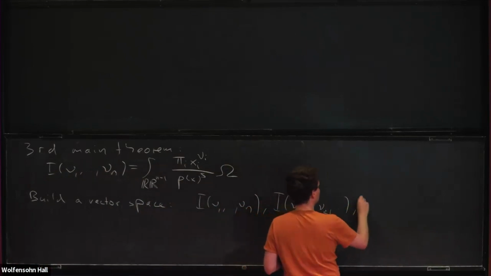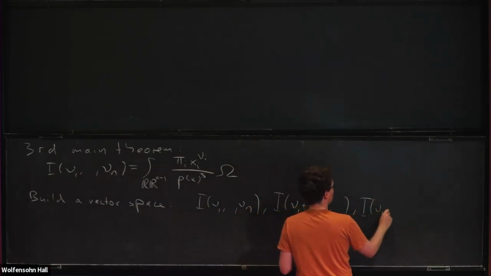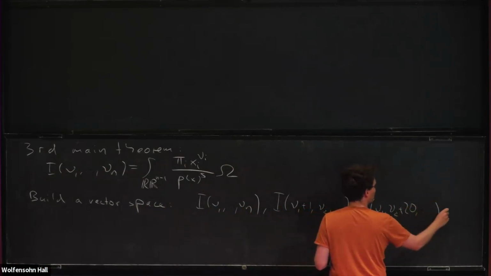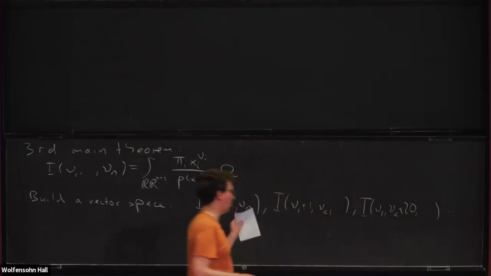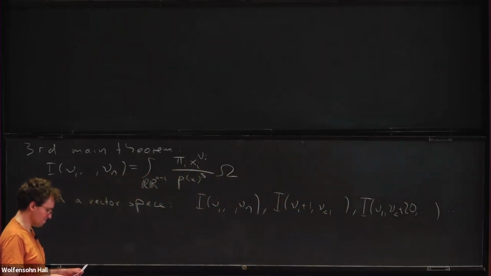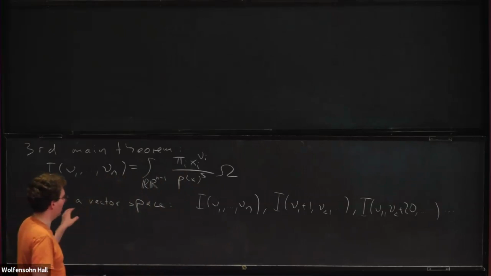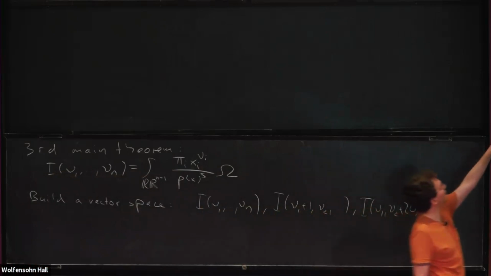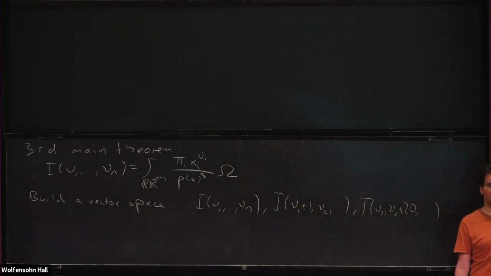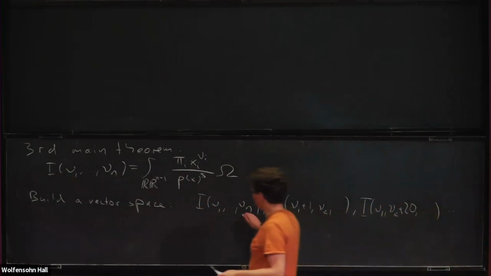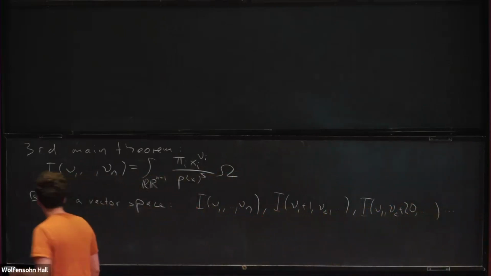and also this one, and so on. So we take all integer shifts, and it turns out that if we allow the coefficients of this vector space to depend on these nus as rational functions, then the dimension of this vector space we get is actually finite.